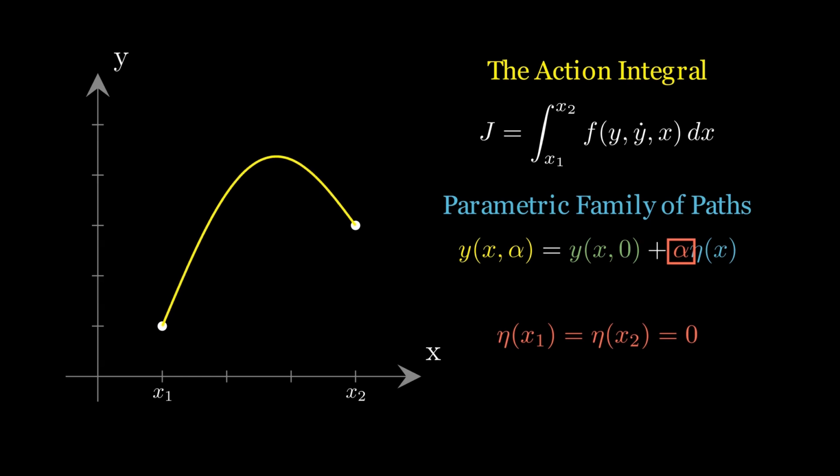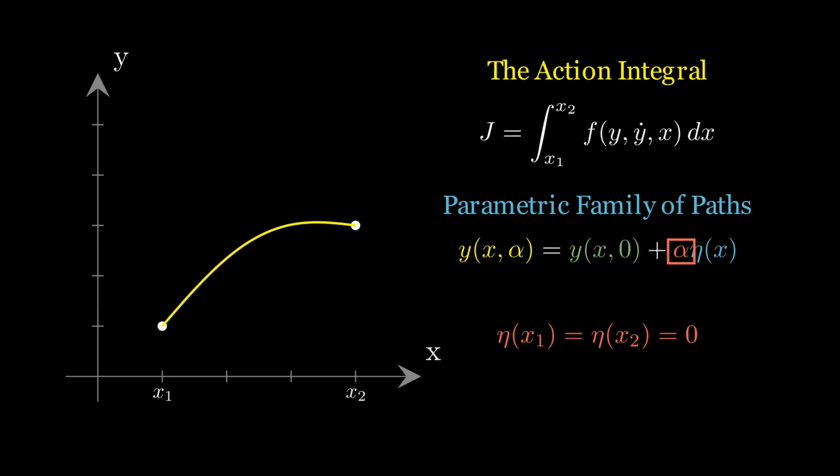We define the path where alpha equals 0, denoted as y of x, 0, as representing the correct path we are trying to find. We can then construct a parametric family of varied paths using an arbitrary auxiliary function eta of x. A possible set of varied paths is given by the following.